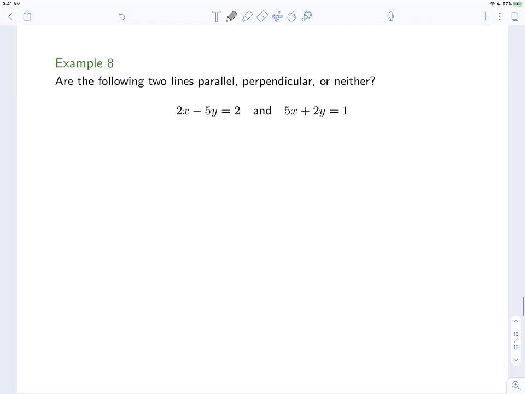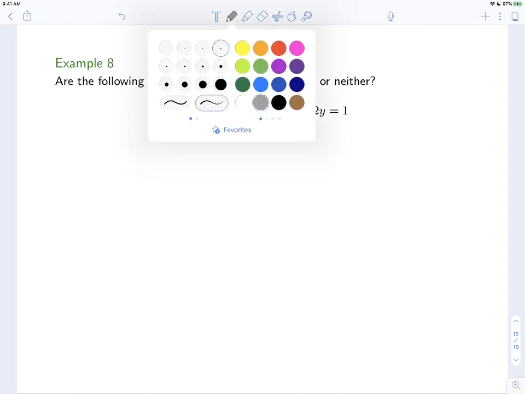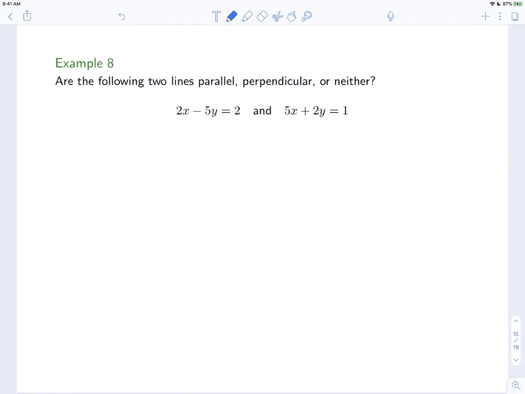For this example, we're given two lines. 2x minus 5y equals 2, that's our first line, and 5x plus 2y equals 1 is our second line. Are the following two lines parallel, perpendicular, or neither? Well, really, we just need to figure out what their slopes are. Let's call this one line 1, and we'll call this one line 2.